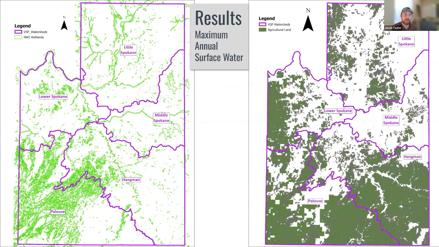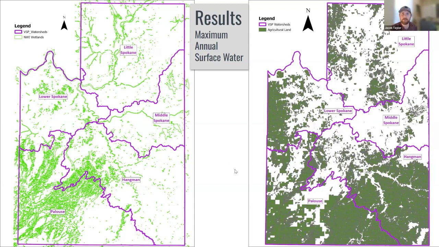And we'll come back to that again at the end of this presentation as well, about how we're looking at improving upon this in the future. But we used NWI, and we actually added a 30-meter buffer to those NWI polygons to account for some of those omissions and some of those offsets, which I can attest to. That's a real thing, especially on the riverine stuff over here on the east side.